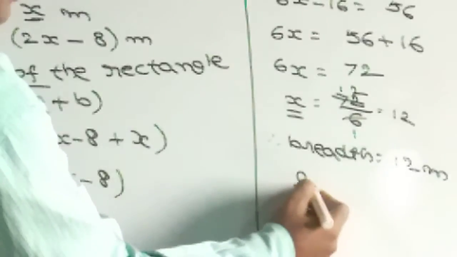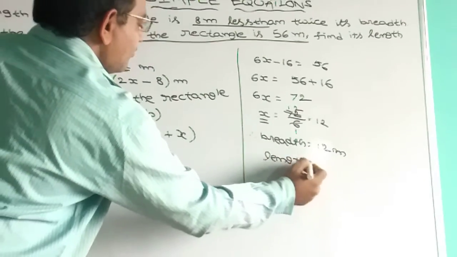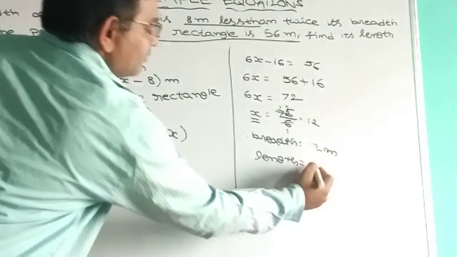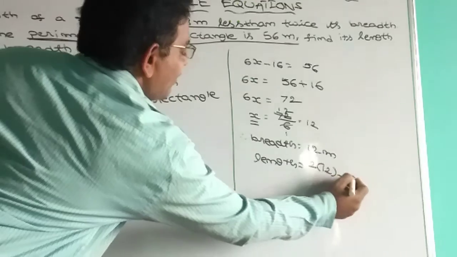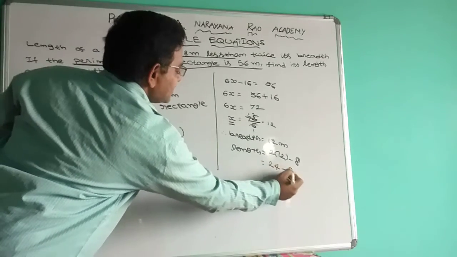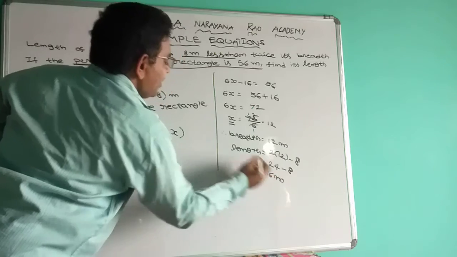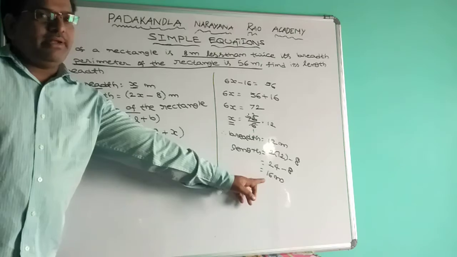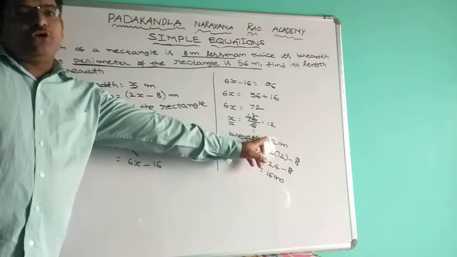Automatically length equals how much? 2x minus 8, that is 2 into 12 minus 8, which equals 24 minus 8, that equals 16 meters. So what are the length and breadth? Length equals 16 meters and breadth equals 12 meters.